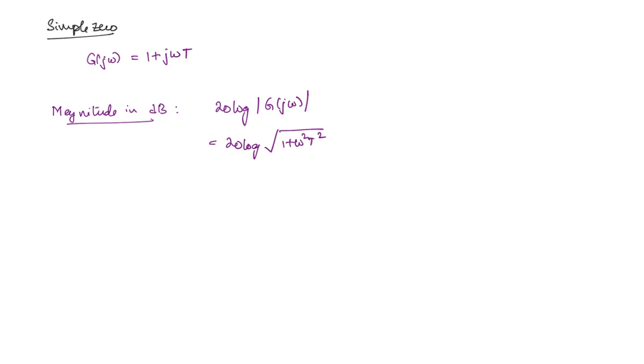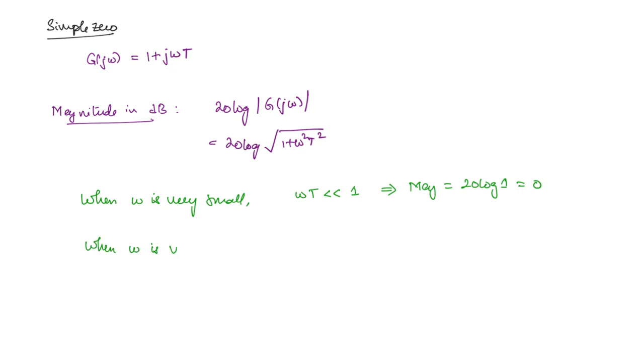Here what we do is we make an approximation. So what is that approximation? When omega is very small, then we take the approximation omega t is much less than 1. This will give you the magnitude is equal to 20 log 1, which is equal to 0 dB. Okay. And when omega is very large, then what will happen?